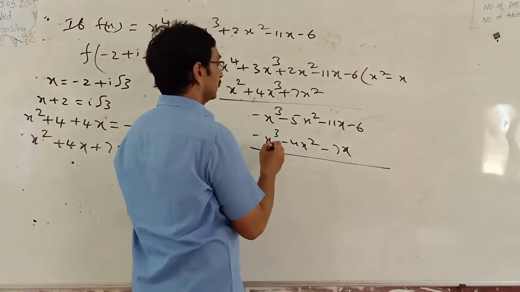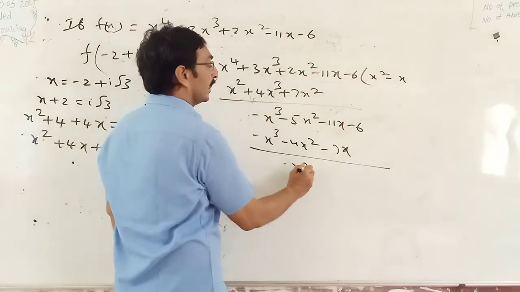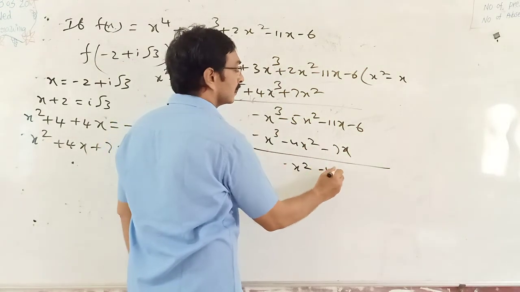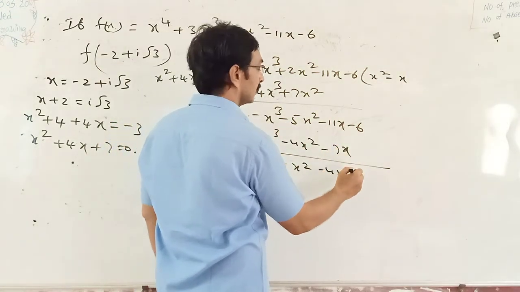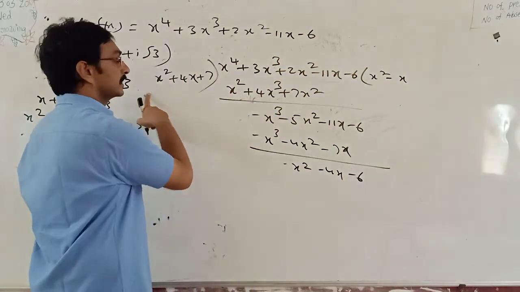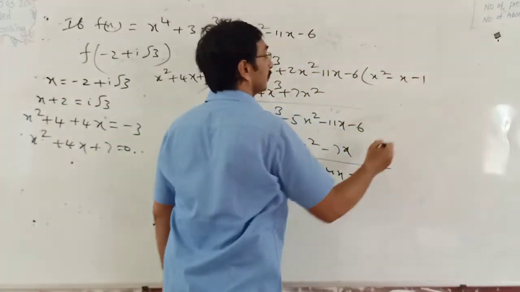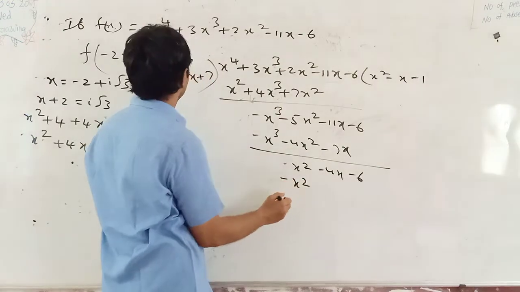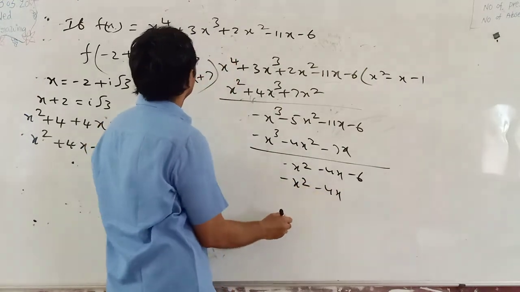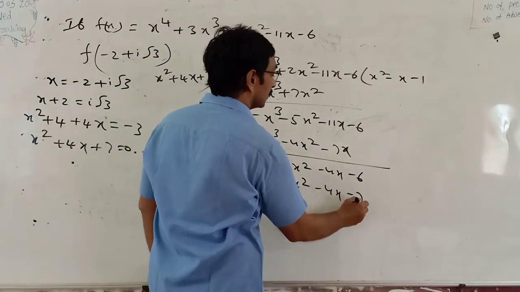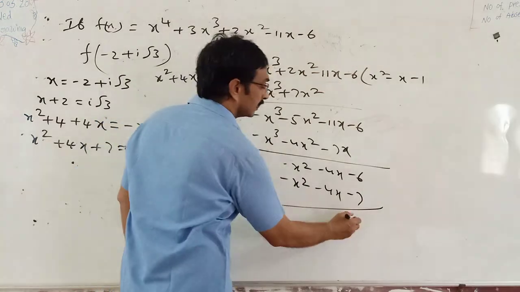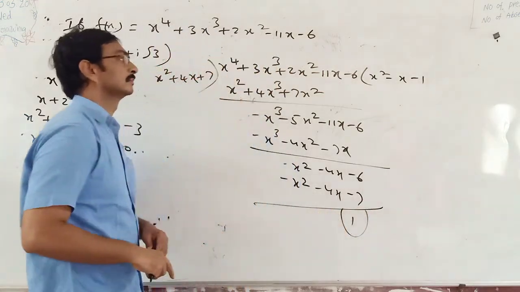Subtracting: minus x squared minus 4x minus 6. Then minus 1 times x squared plus 4x plus 7 gives minus x squared minus 4x minus 7. Therefore, its answer is also plus 1.